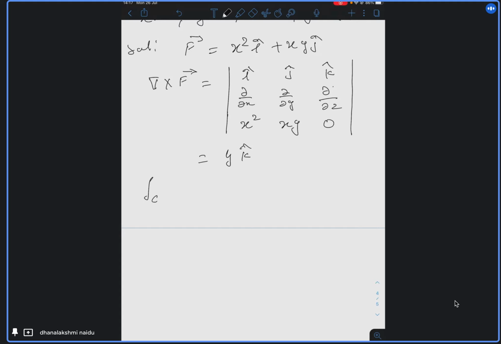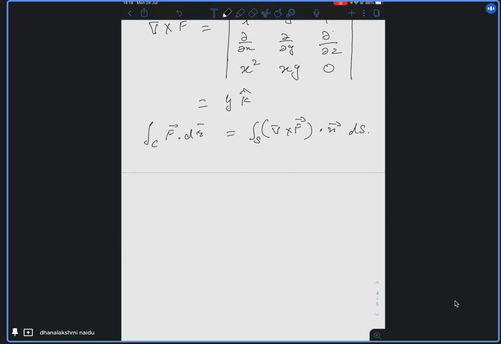So the line integral of f bar dot dr bar is equal to the surface integral of del cross f bar, which we calculated, dot n bar ds. This we need to calculate. So for the RHS part, del cross f bar dot n bar ds will be equal to the surface integral of y k cap dot product.